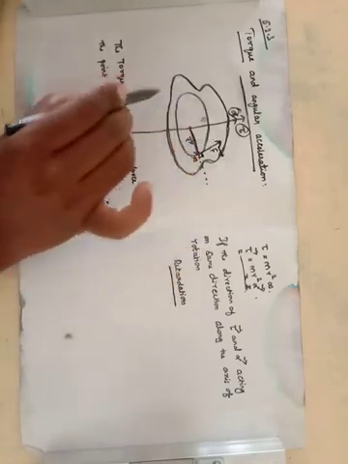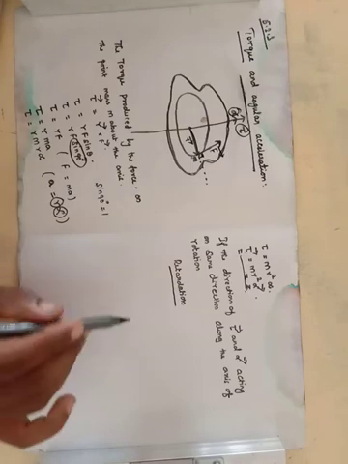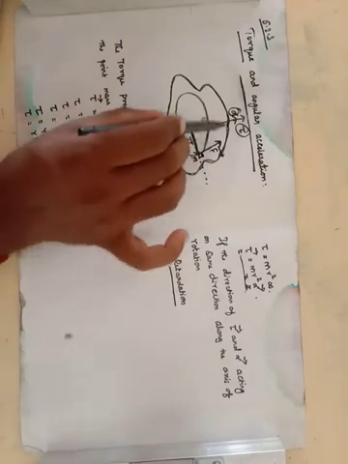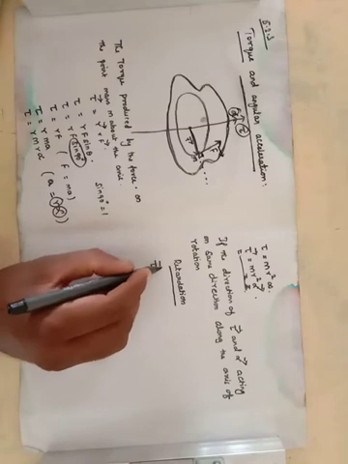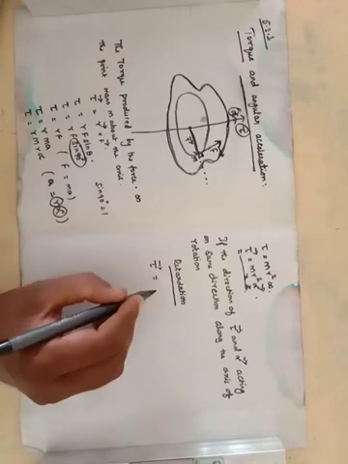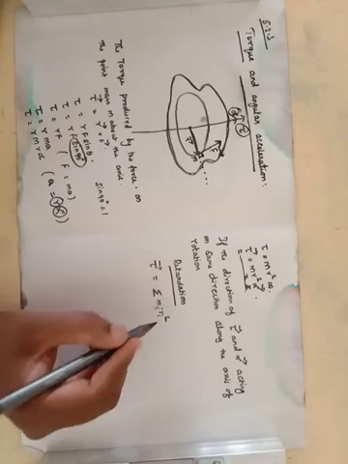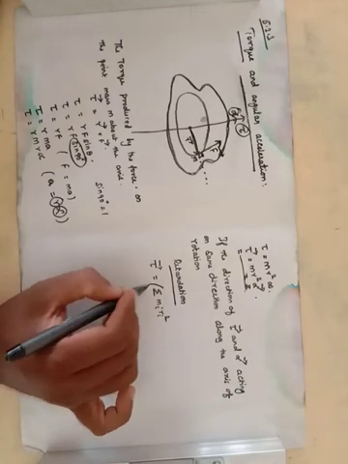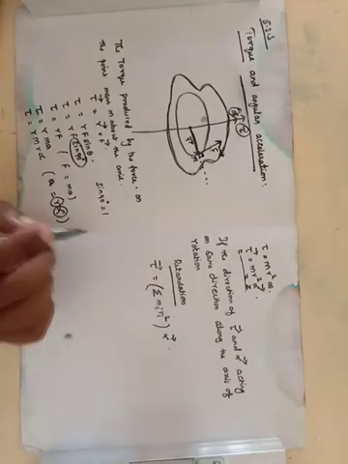The rigid body is made up of a large number of point masses. So the total torque acting on the rigid body is calculated by using the formula tau vector is equal to summation of m i r i square alpha vector.